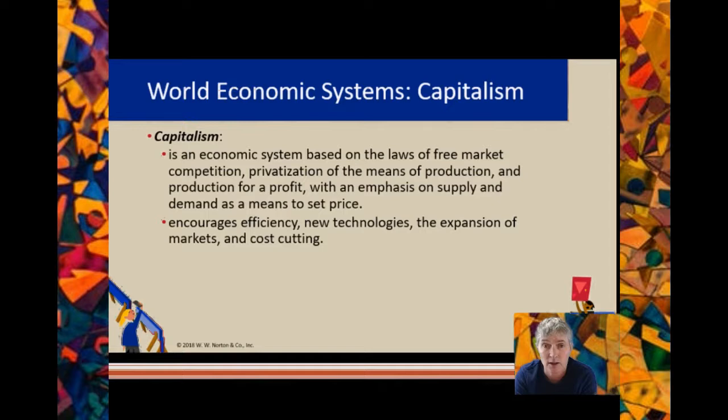There's an emphasis put on supply and demand, and that supply and demand is magically met with the free market. It encourages efficiency. It encourages new technologies. It encourages expansive markets, and ultimately, it encourages cost cutting.